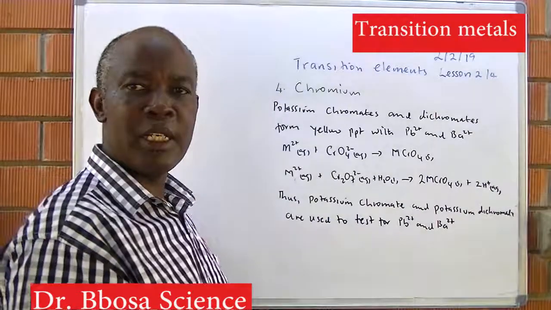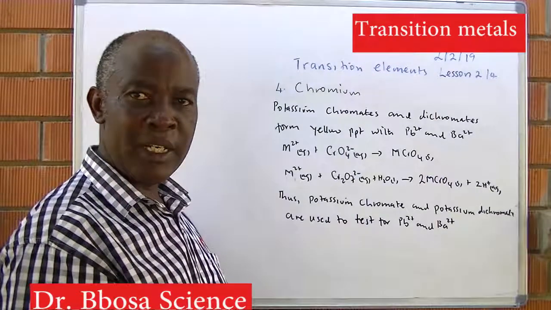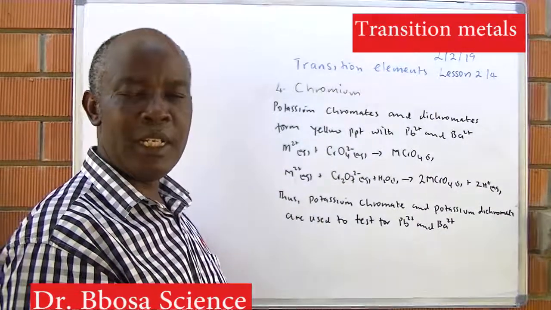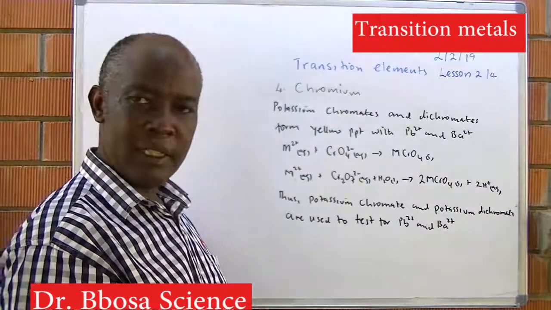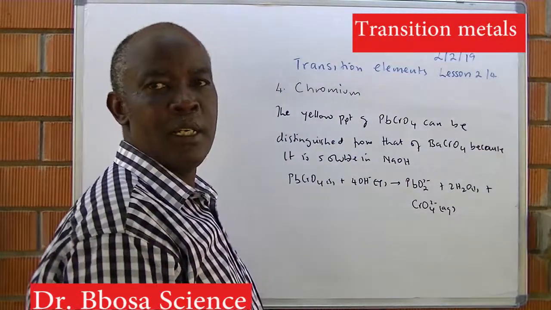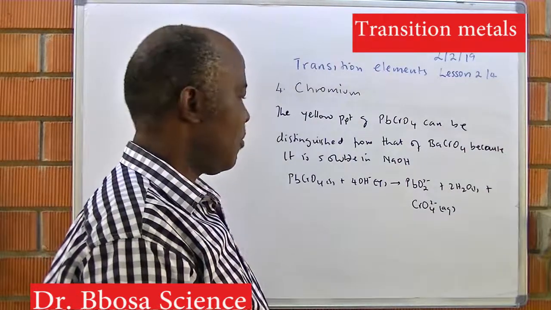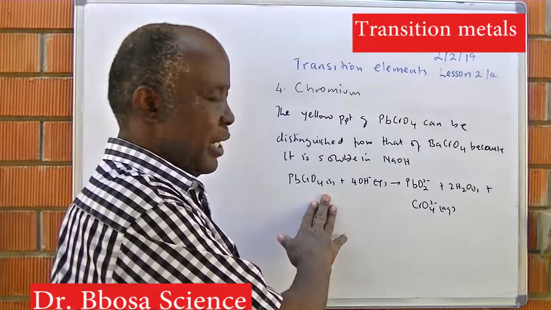Potassium chromate and potassium dichromate can thus be used to test for the presence of lead or barium ions. The yellow precipitate of lead chromate can be distinguished from that of barium chromate because it is soluble in sodium hydroxide.